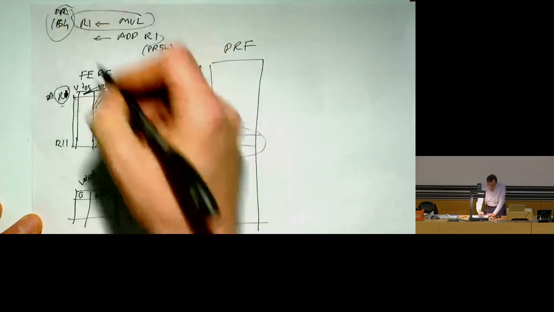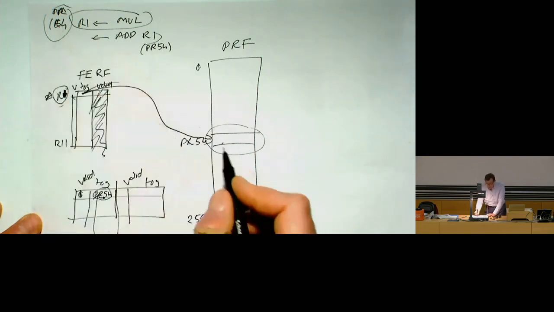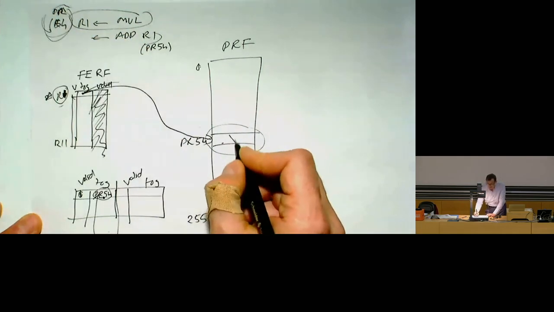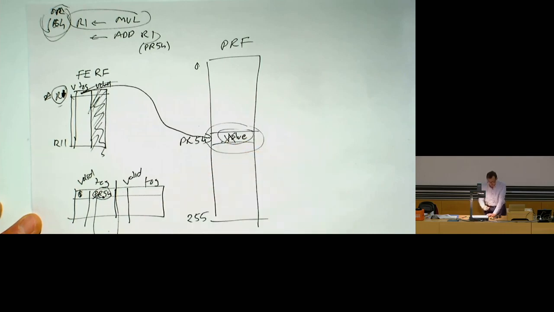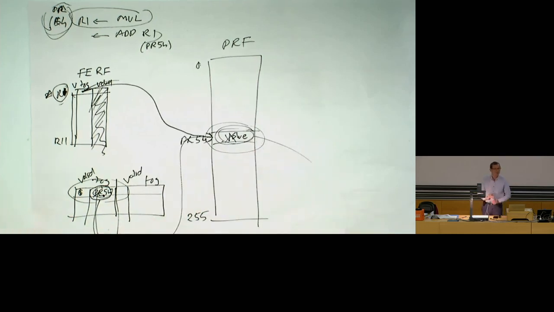When this broadcasts a tag, this instruction will compare physical register 54, so it will wake up, but there's no value broadcast. The value, when this broadcasts the value, it broadcasts into the physical register file and it writes the value to the physical register file. So there's a value that's associated here. And when this instruction wakes up, it's going to use the ID physical register 54 for its source and get the value from the register file.